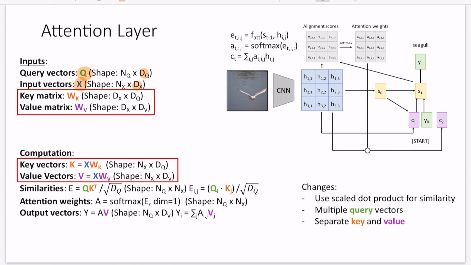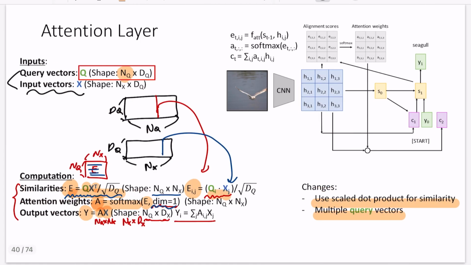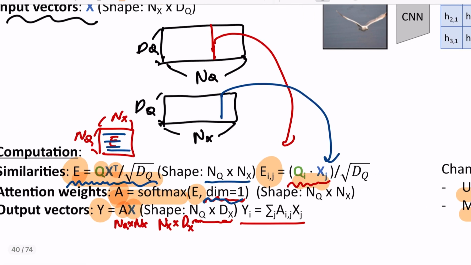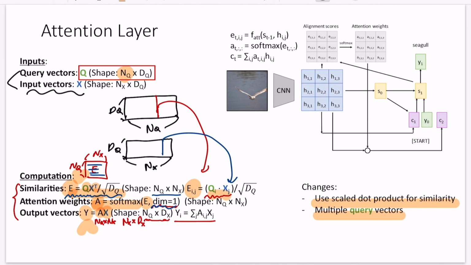Another problem is, as you can see here, to compute the similarity and to generate the final output, the same input X is used. But in many cases, the optimal matrix for the similarity measure and the optimal matrix to generate the final output would be different, right?